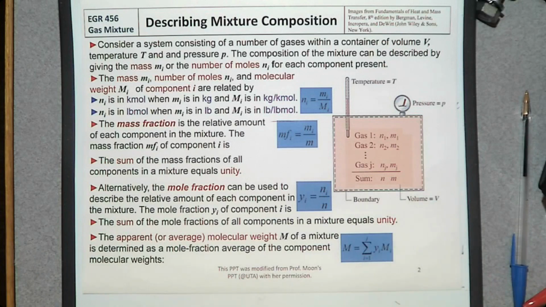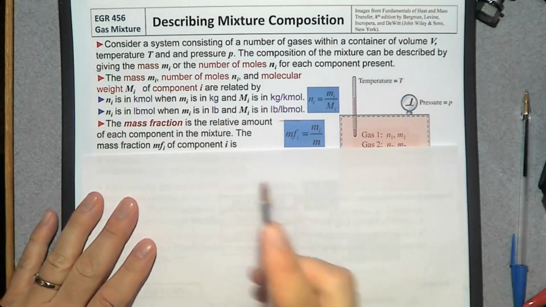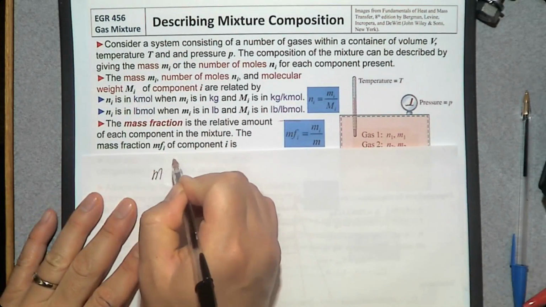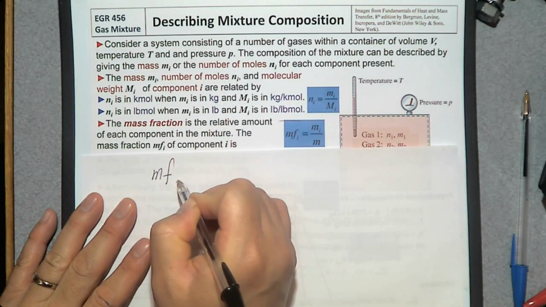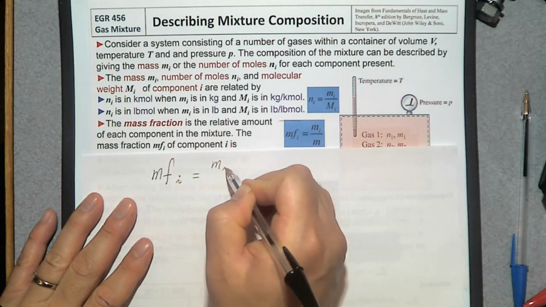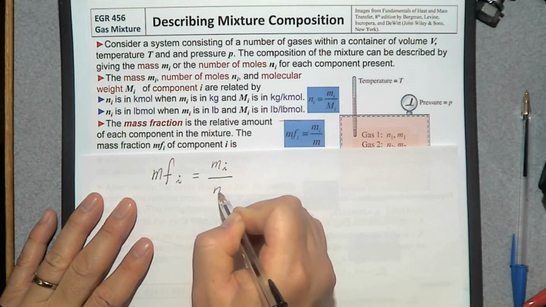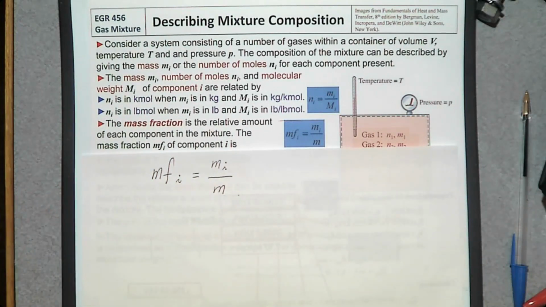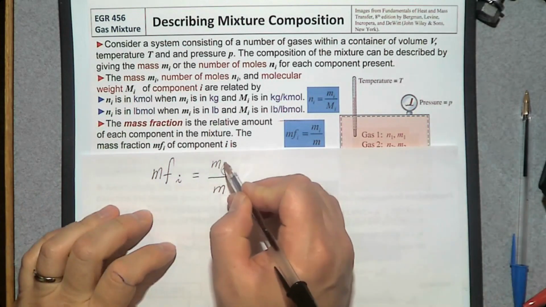So mass fraction can be determined by this equation. MF, the mass fraction of component i, can be determined by the mass of that component divided by m. When you see this, I know what m is, that is mass. And what is m_i? Michigan? No. It is the mass of the i component.